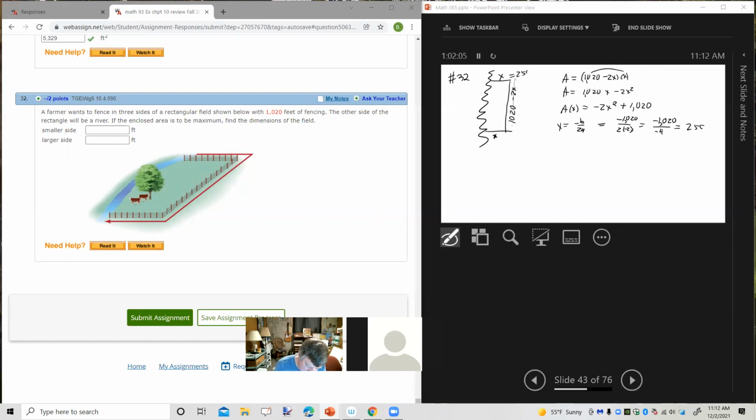So this is 255, and this would be 1,020 minus 2 times 255, which is 510. So 255 and 510. And again, notice smaller side, larger side. If you switch these around, it's going to mark it wrong.